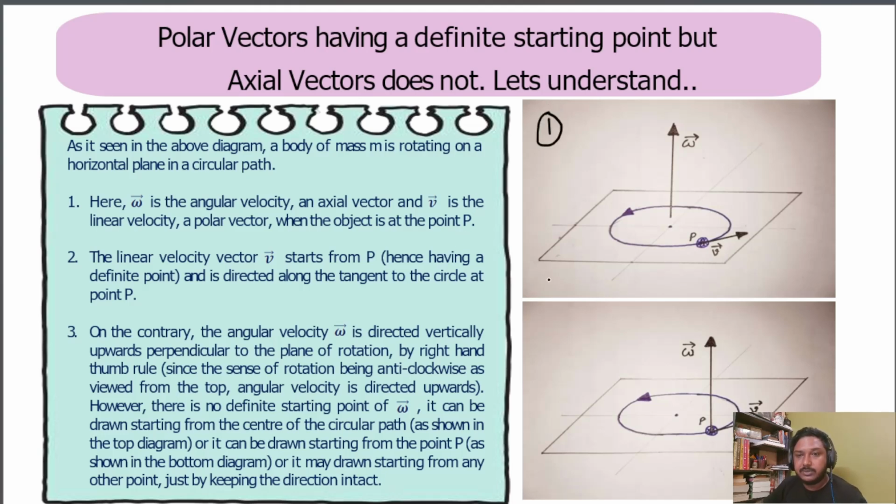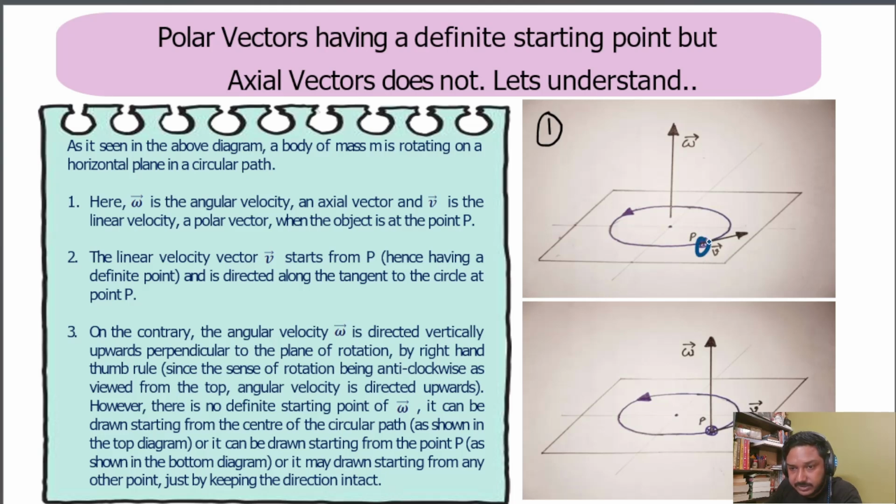In diagram number 1, this is a tabletop, on which an object is rotating in a circular path. This is the circular path in which this object is rotating. Let this object be at the point P at any point of time.